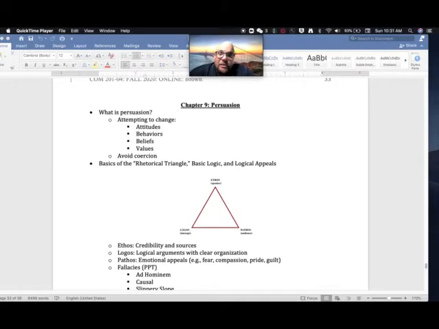Again, this is Socrates, Plato, Aristotle, where we learn that the best way to persuade people is to use a combination of approaches, and those approaches will center on ethos or credibility, logos, logic, and pathos, emotional appeals. So let's talk about these for just a moment.